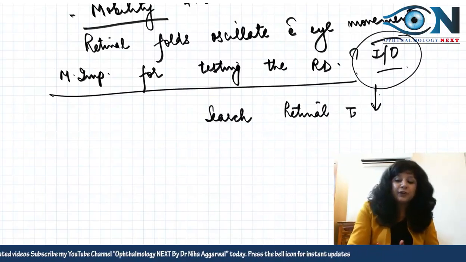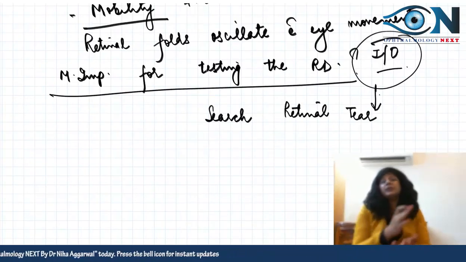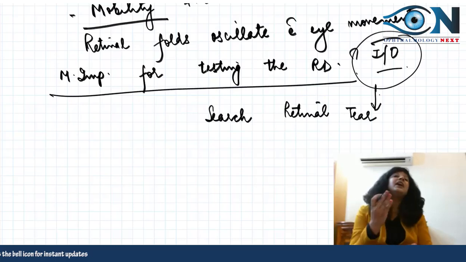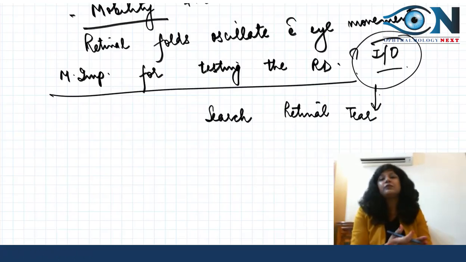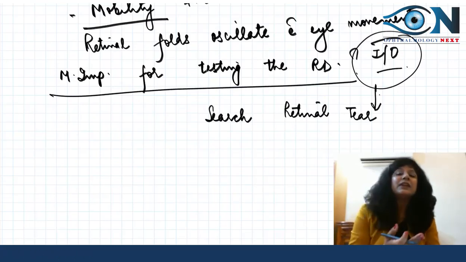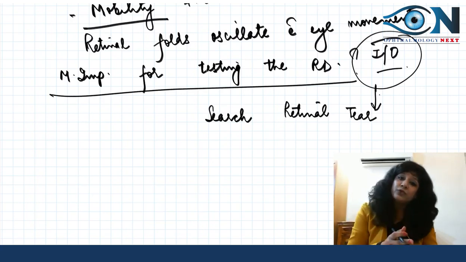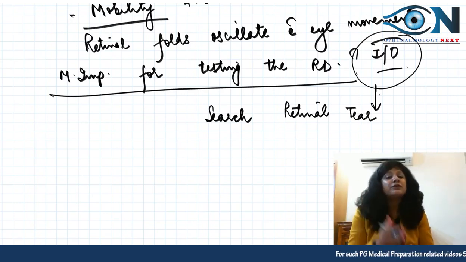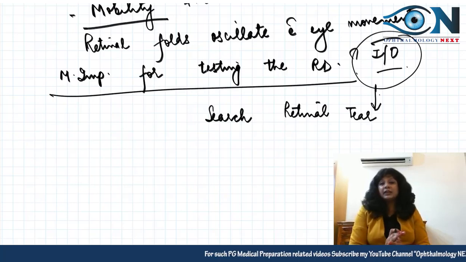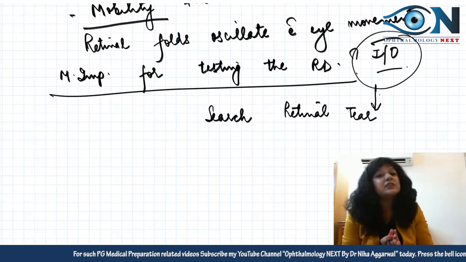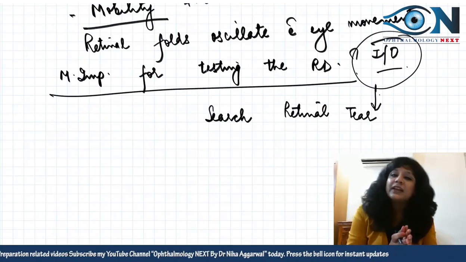Even when you have confirmed the retinal detachment by ultrasound, A scan, B scan, I will again have to do indirect ophthalmoscopy to search for the retinal tear, because I know that most of the cases of RRD come with a retinal tear.